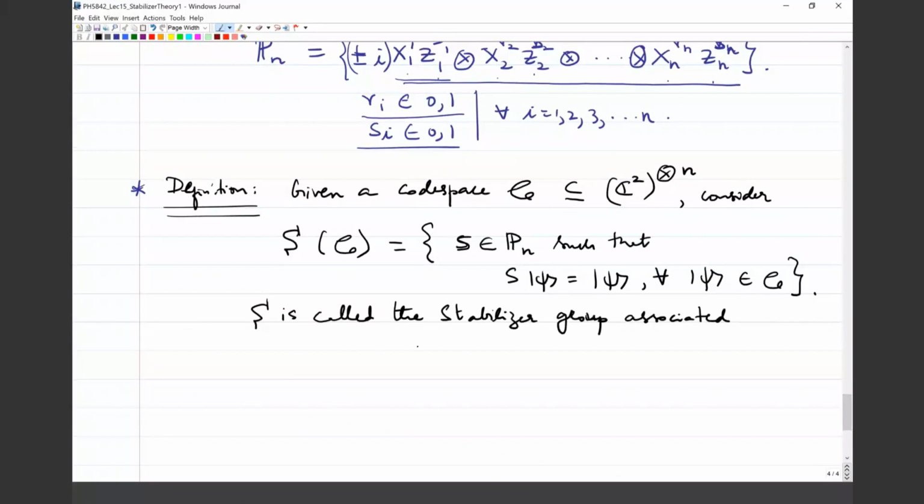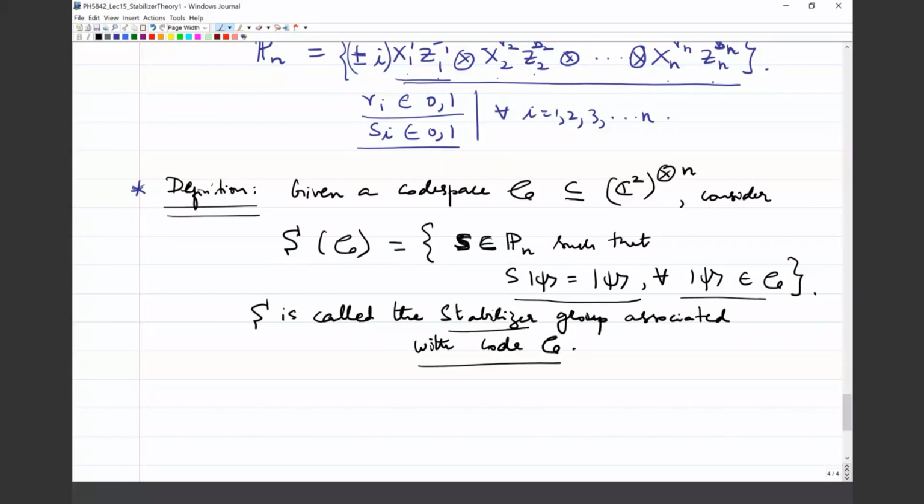So consider the set of all n-qubit Pauli operators which leave every state in the code space invariant. This set is what is called the stabilizer associated with the code, and we will see that this will indeed form a group. Not only will it form a group, it will actually form an abelian group, right?